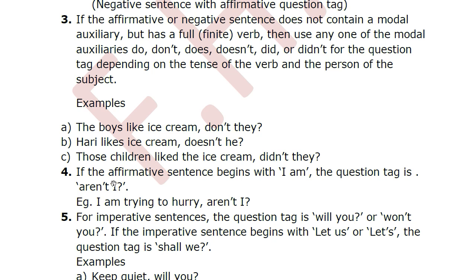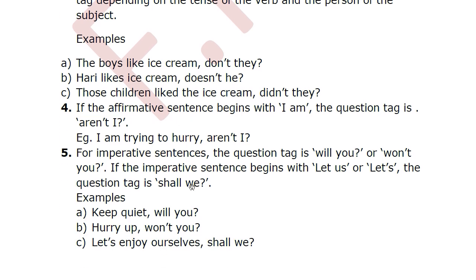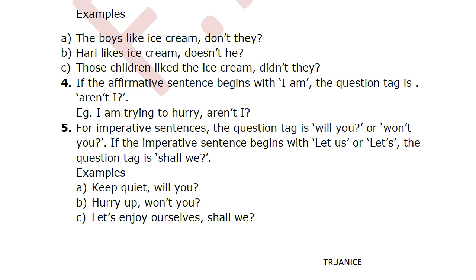Didn't they? If the affirmative sentence begins with I am, the question tag is aren't I. So you have nothing to think. If it begins with I am, automatically it is aren't I. Example, I'm trying to hurry, aren't I? Fifth one, for imperative sentences. Imperative sentences are sentences which give an order. The question tag is will you or won't you.